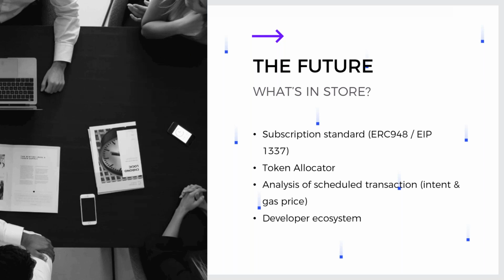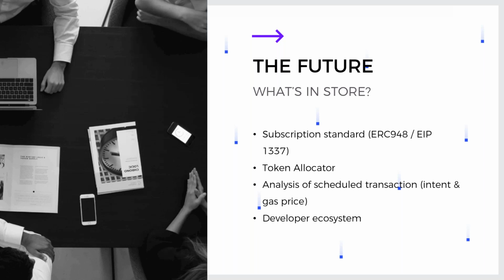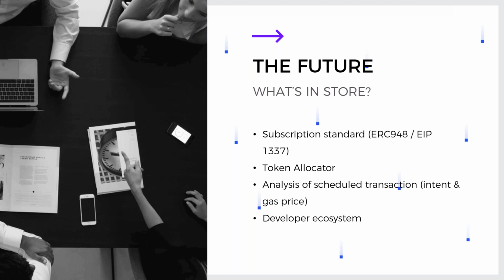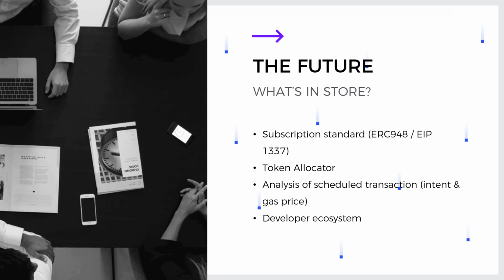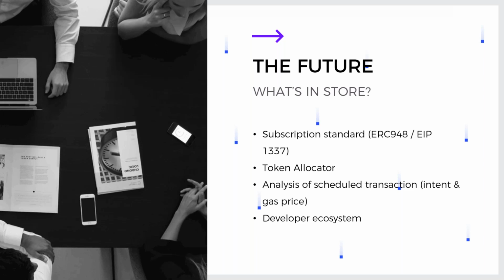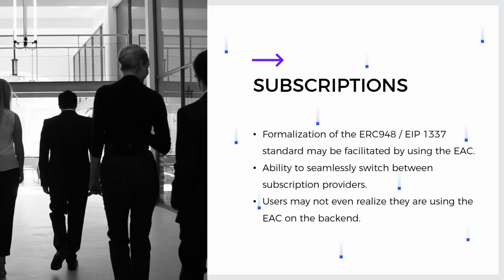So I'll talk about that a little bit, and then I'll go into the token allocator as well as using the alarm clock for some interesting analysis, and then I'll talk about the developer ecosystem. So the subscription standard is composed of two EIPs/ERCs. The first is the ERC 948, and the more recent one is the EIP 1337.